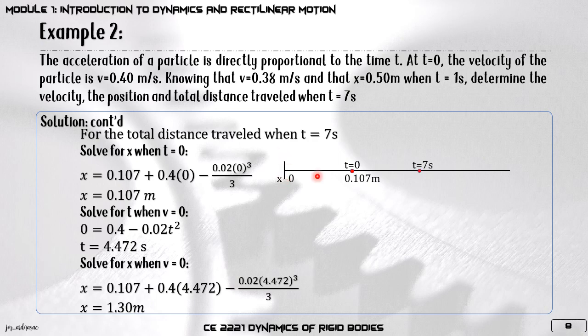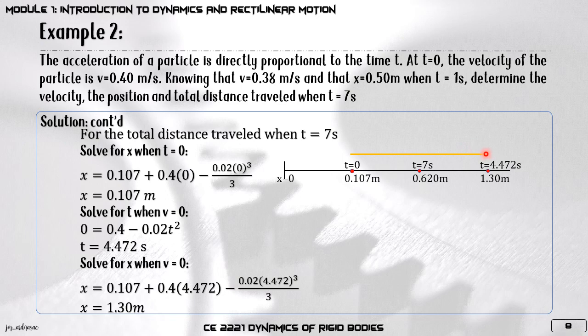And then at 7 seconds, we have computed that its position is at 0.620 meters. And at 4.472 seconds, its position is at 1.3 meters. So as you can see, the particle now has moved from 0 to 4.472.